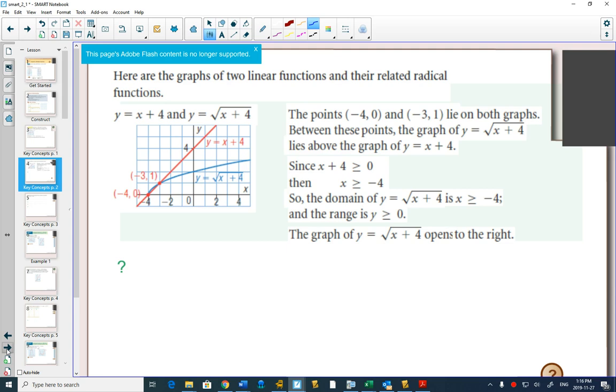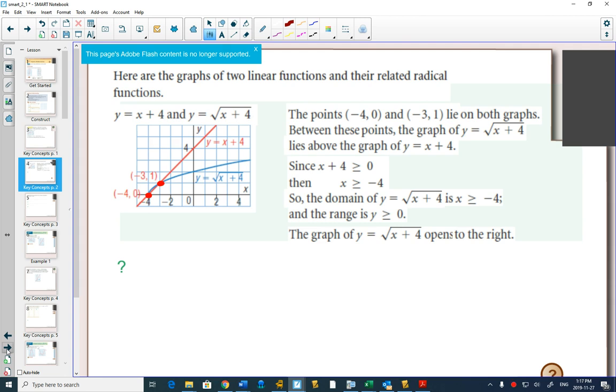If the inside graph is equal to 0, then the square root would still be 0. If the inside graph is equal to 1, then the square root would still be 1. Does that make sense? And so these 2 points, here and here, are sort of going to be a starting point for us.